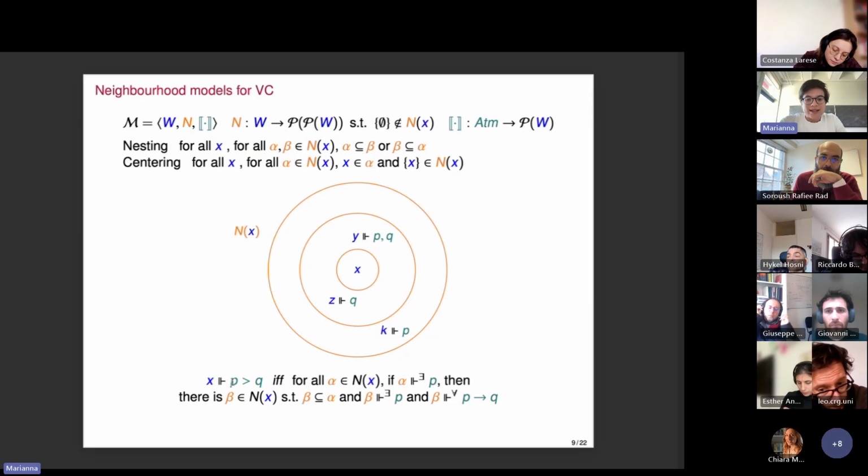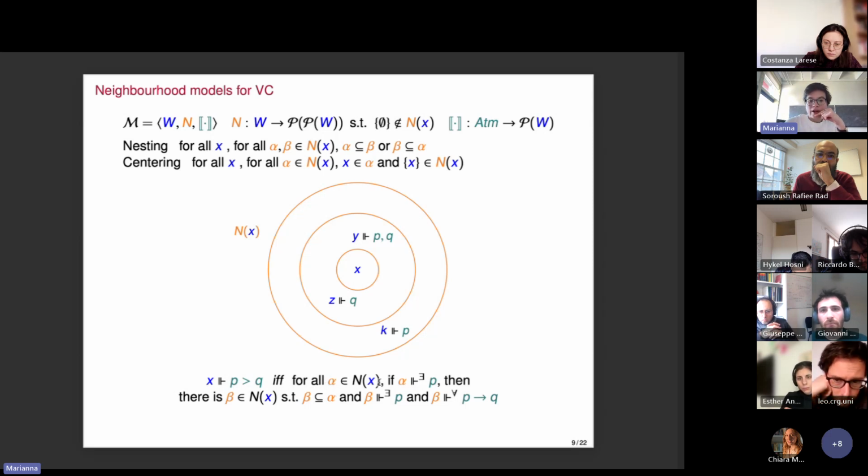Okay, so X satisfies P conditional Q, so always think of the counterfactual interpretation: if P was the case, then Q would have been the case. If and only if, for all neighborhoods alpha in N of X, it holds that, and here I have introduced some additional notation.